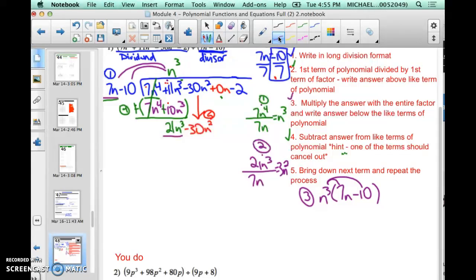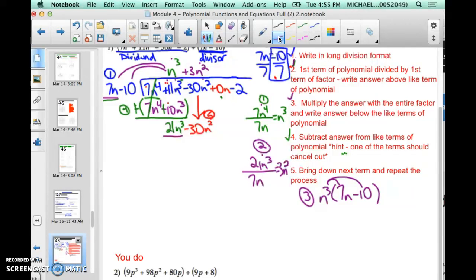So my answer is now 3n squared. I need to write that above the division box and line it up with like terms. And it's a positive 3, so I'm going to write plus 3n squared. Now my n squareds are lined up. My n cubeds were lined up.